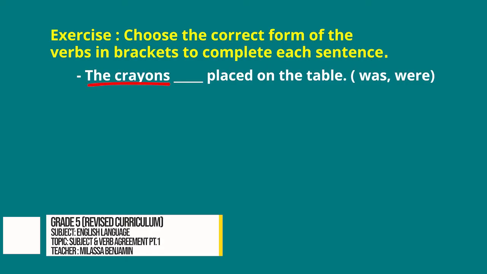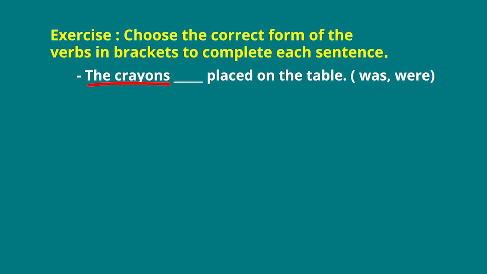Yes, the crayons. So crayons is the subject of our sentence. Here we can see that crayons is a plural noun, and it would be best for us to choose were in order to agree with the subject. So the sentence would read, the crayons were placed on the table.